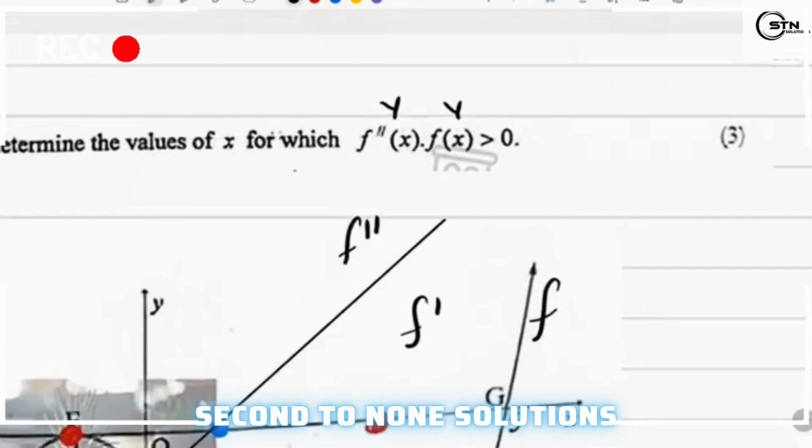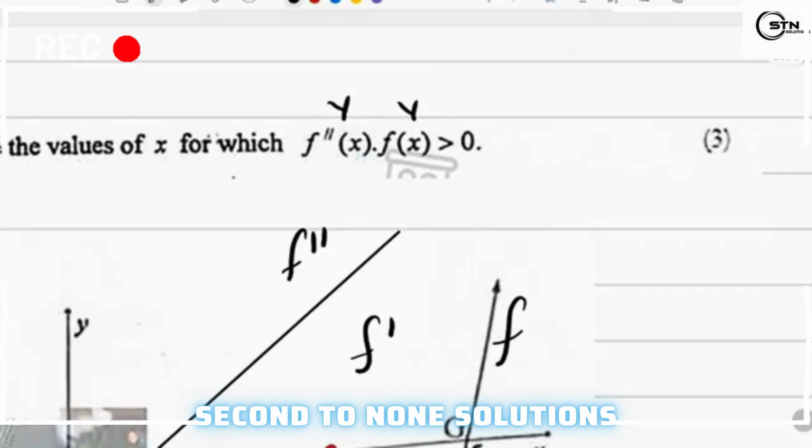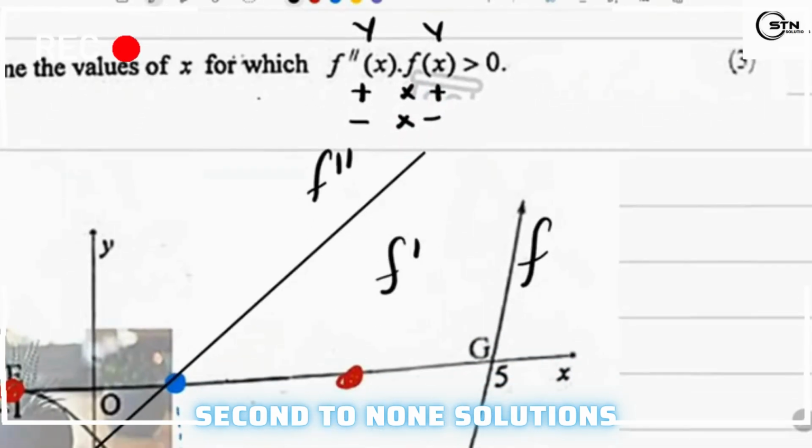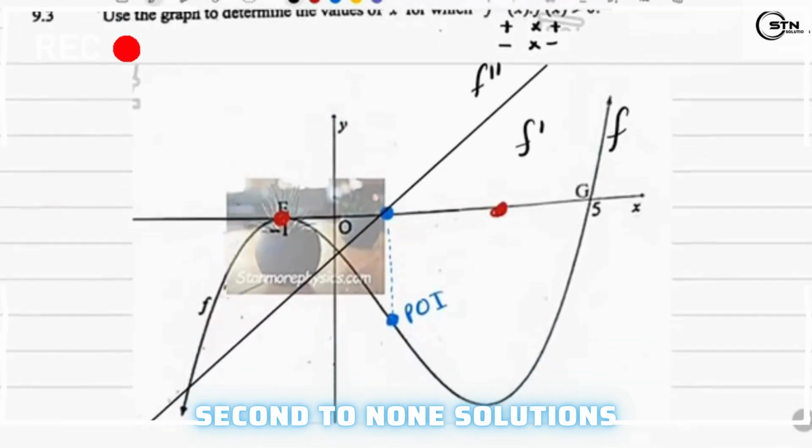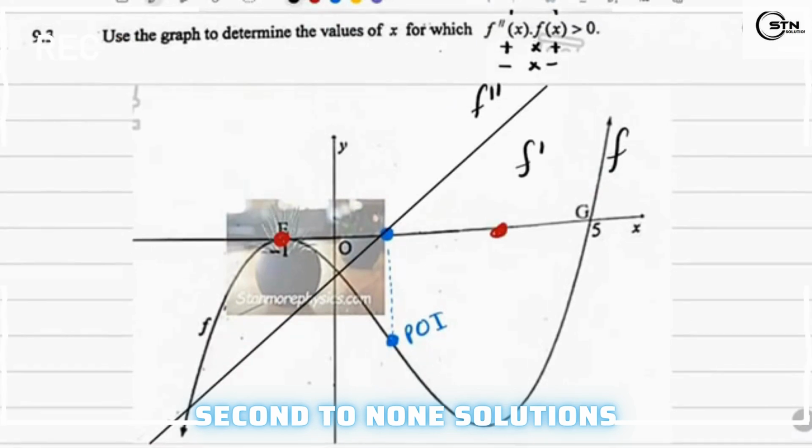The only way that's possible, okay, if you multiply two things and get a positive number, is if the two things are both positive or they're both negative. That's the only way that that's possible. So in other words, what you're looking for in these graphs is you're looking for places where the graph has both negative values or both positive values.